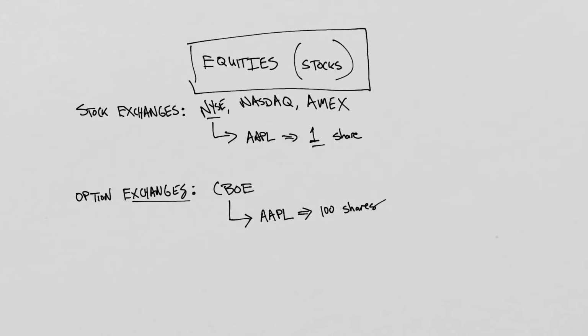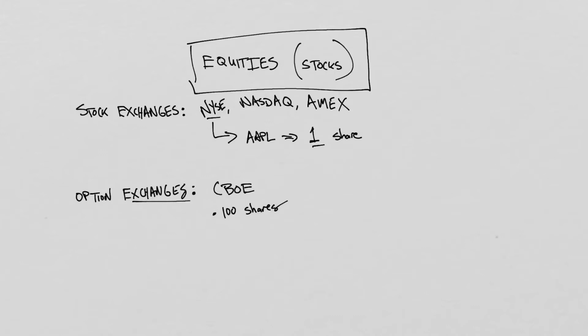One option is worth 100 underlying shares of Apple stock. And regardless of what stock you're actually trading, this is a characteristic of trading option derivatives.